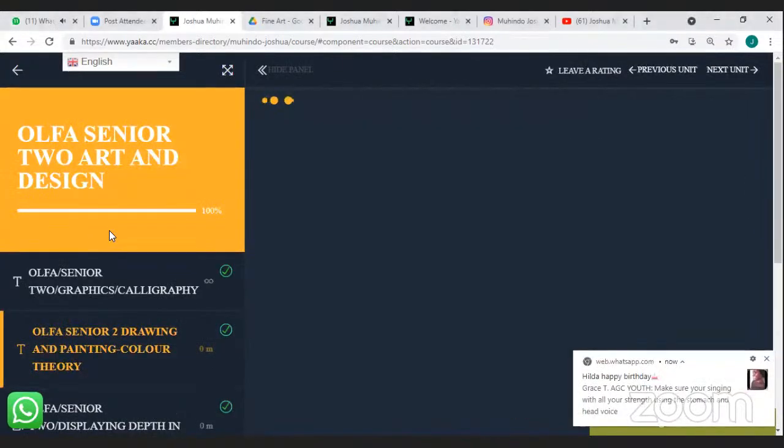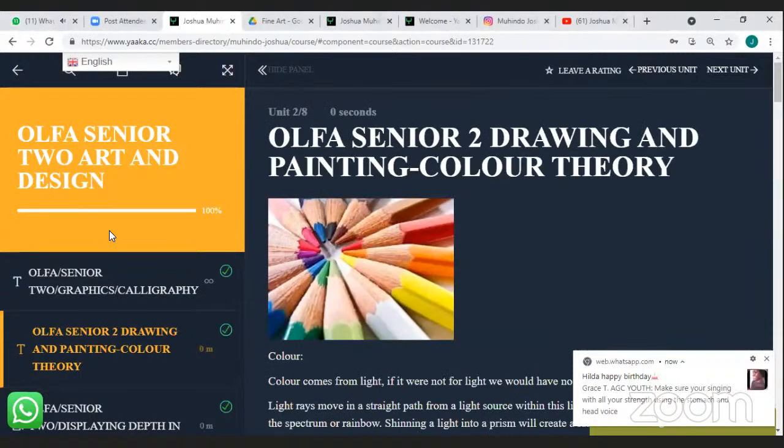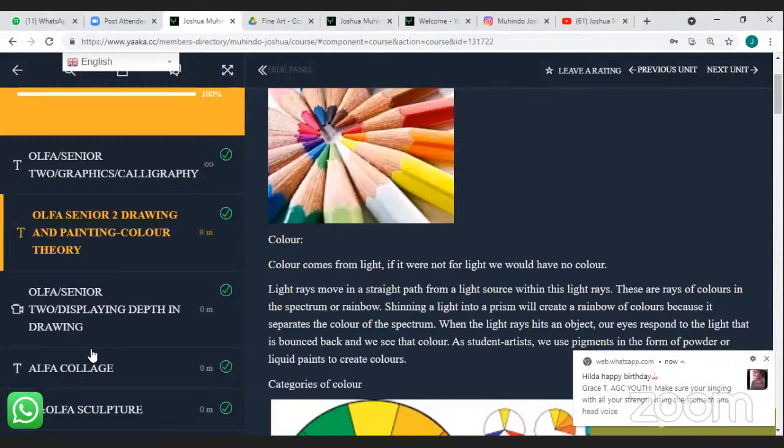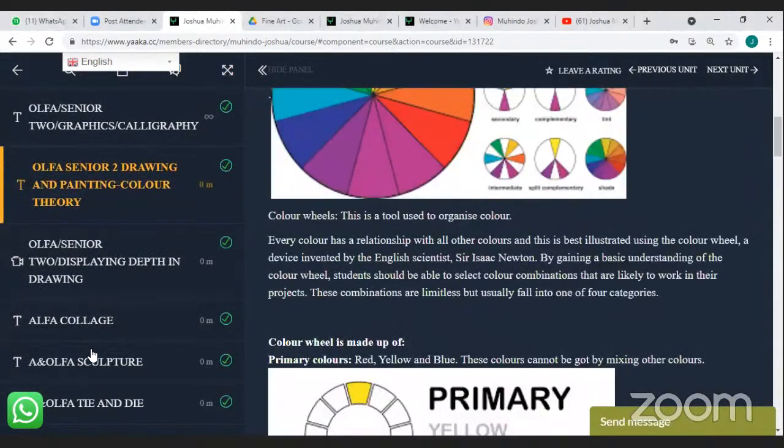This is the one we finished last week, the color. In detail, we discussed everything about color. So it will be good if you go through that content and try to see what you understand. In case you need more details, you explain to us.